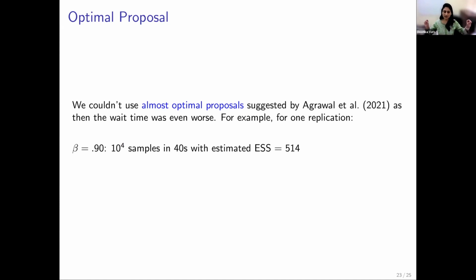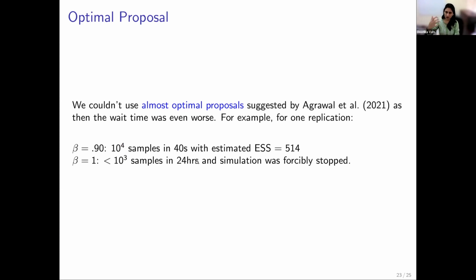And the farther it tries to reach, the more difficult the original two-coin Bernoulli factory becomes. Which means that for beta equals 1, I could barely get 1,000 samples in 24 hours. It was just stuck in one particular loop for about 24 hours, at which point we had to forcibly stop the simulation.